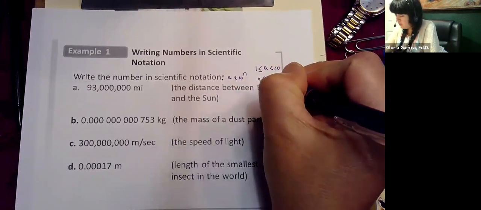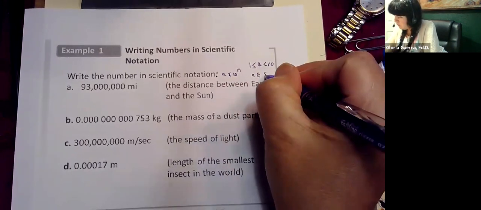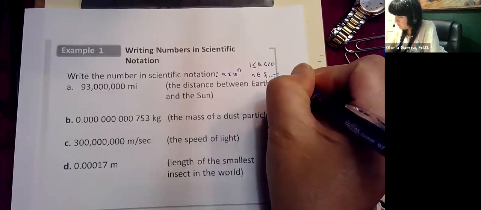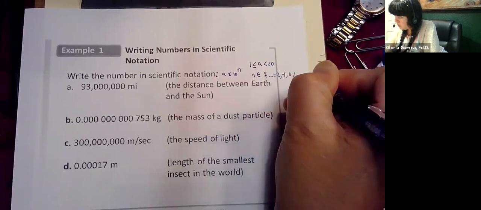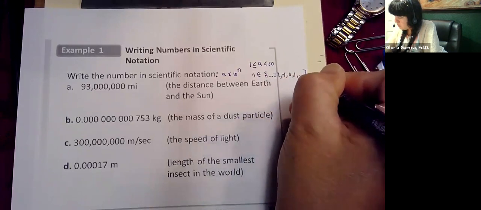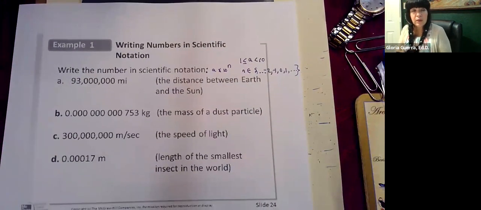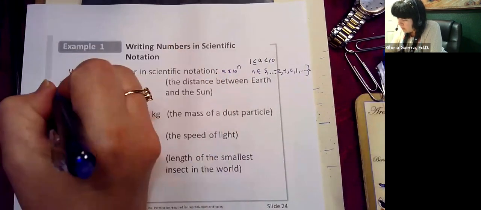So N is an element of the integers, dot, dot, dot, -2, -1, 0, 1, dot, dot, dot, for example. So n is an integer. Okay, and now you're going to write this in scientific notation. Okay, so I'm going to relocate the decimal.